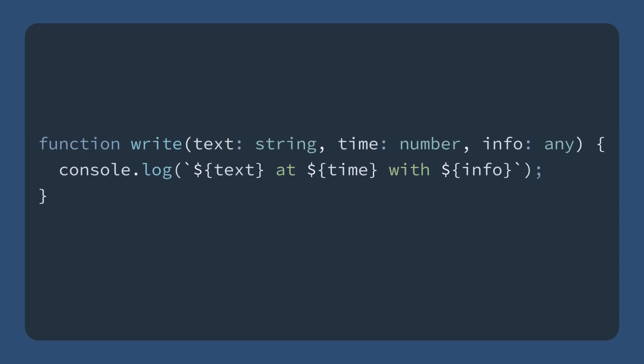In TypeScript, we can define more than just the names of the parameters and their default values. We can also define their data types. This makes parameters actually much more useful. Now, by defining the parameter types, we can make the function check if the arguments that you're going to provide are of the correct type. In this example, I have a function where the first parameter is defined as a string, the second is defined as a number, and the third can be anything, and it's defined as the any type.